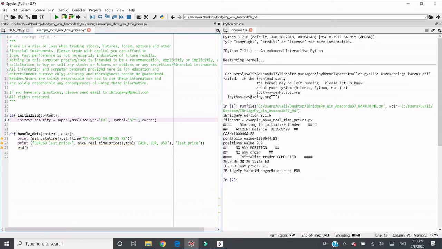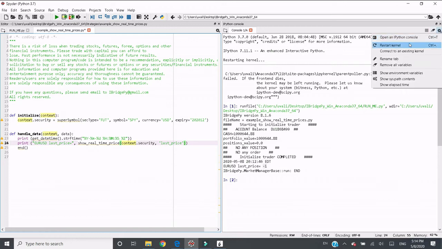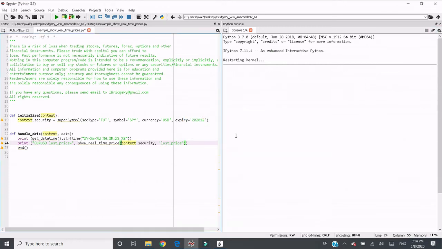Currency, USD dollar. Expiry, this one should be a string. Let's try December. And context.security becomes a global variable, so you can replace this one there. Let's try how it goes.